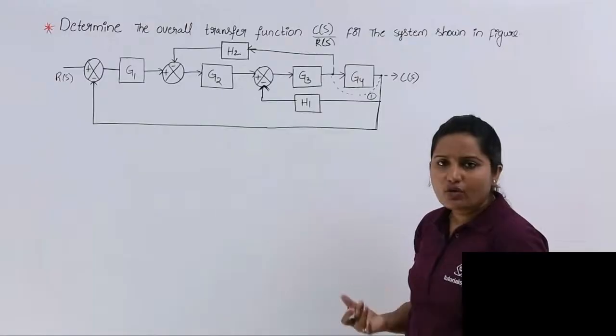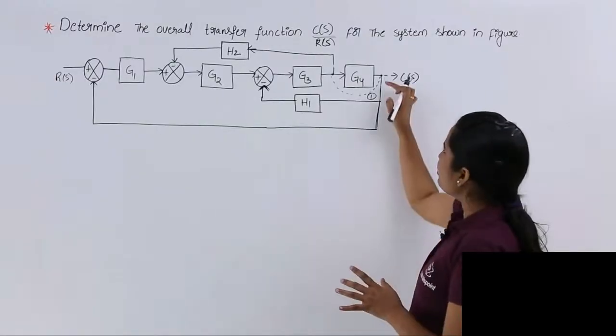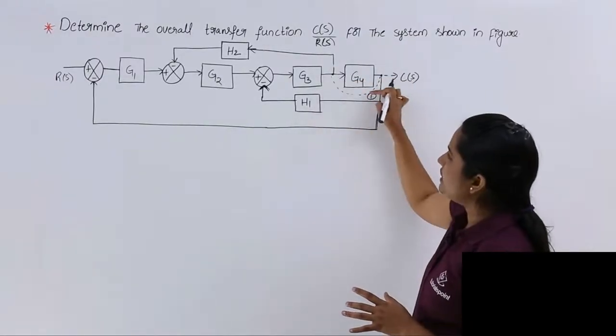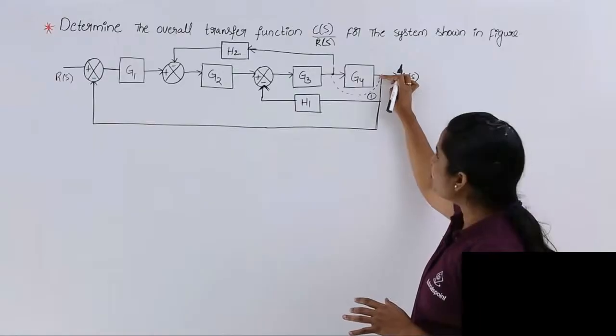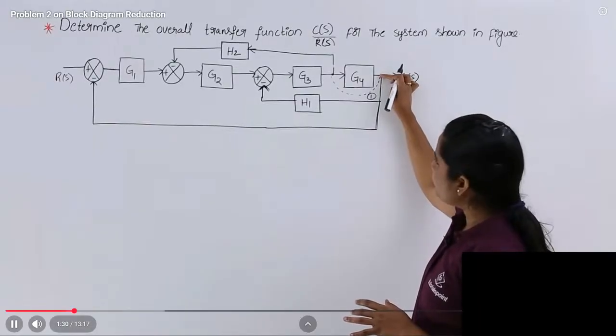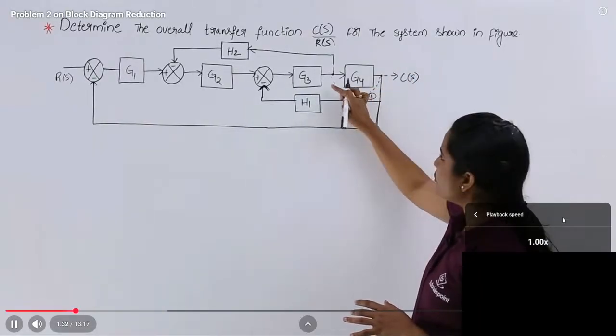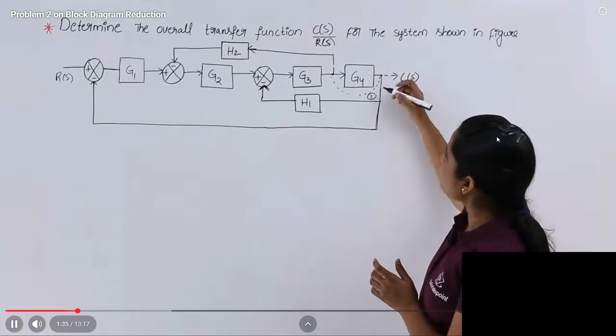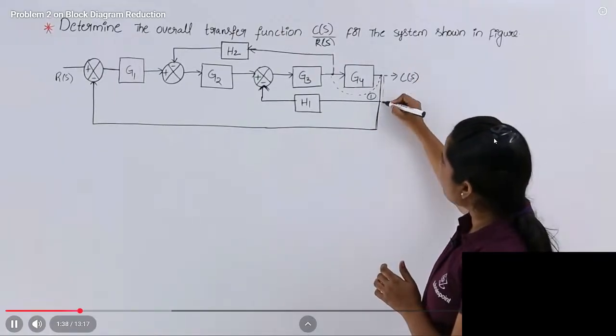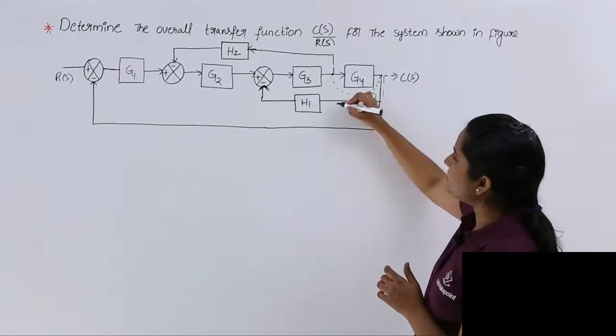Whichever you want, you can do. I want to move my branch point to here. So you just treat these as two points: one is for feedback, another one is for H1.